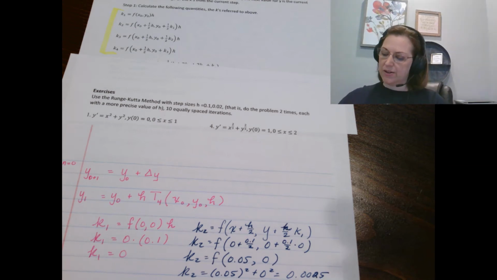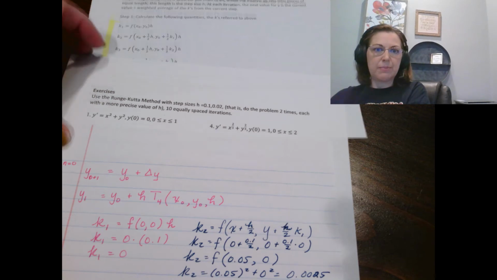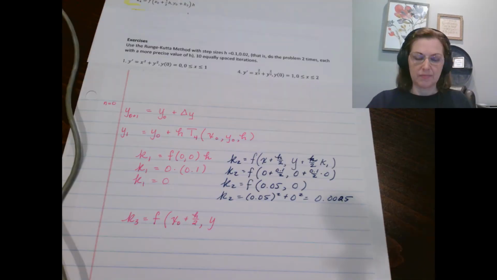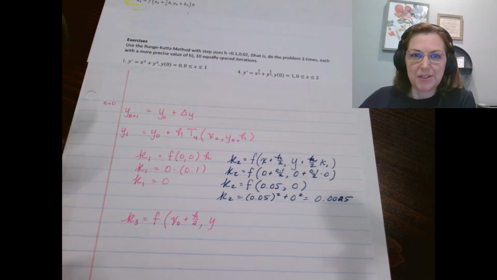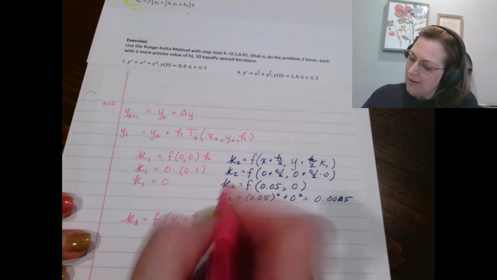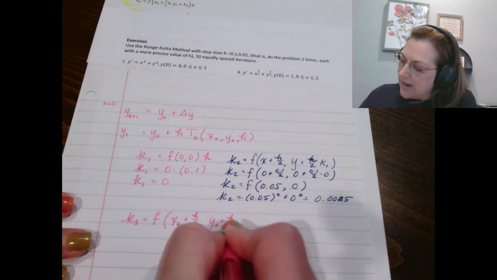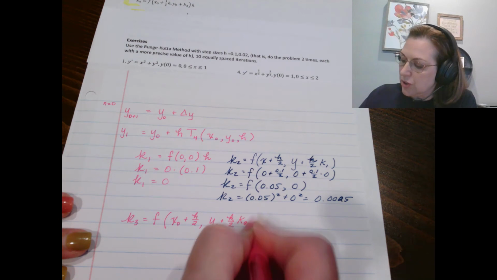Okay, my K3 value now. K3 is f of x sub 0 plus h over 2, y sub 0 plus h over 2, and now we use K2 there.